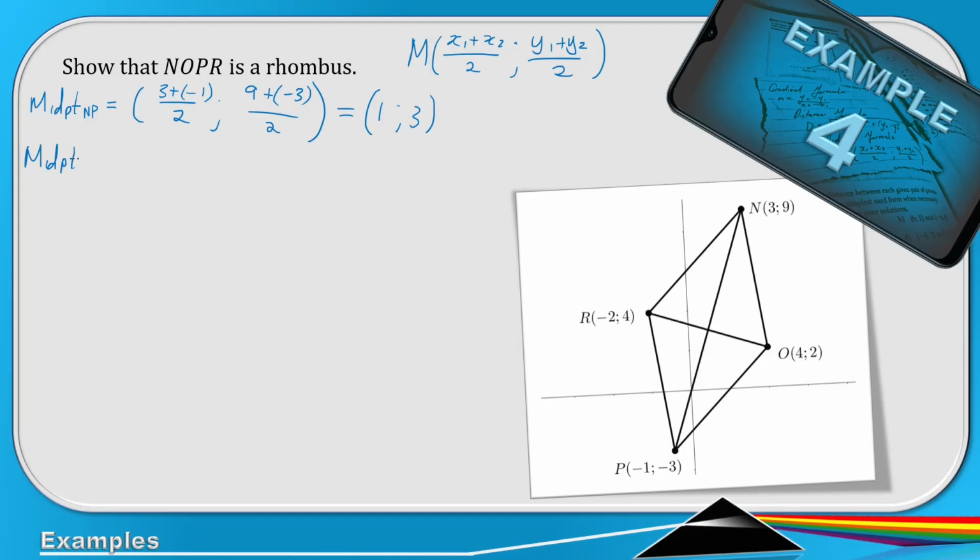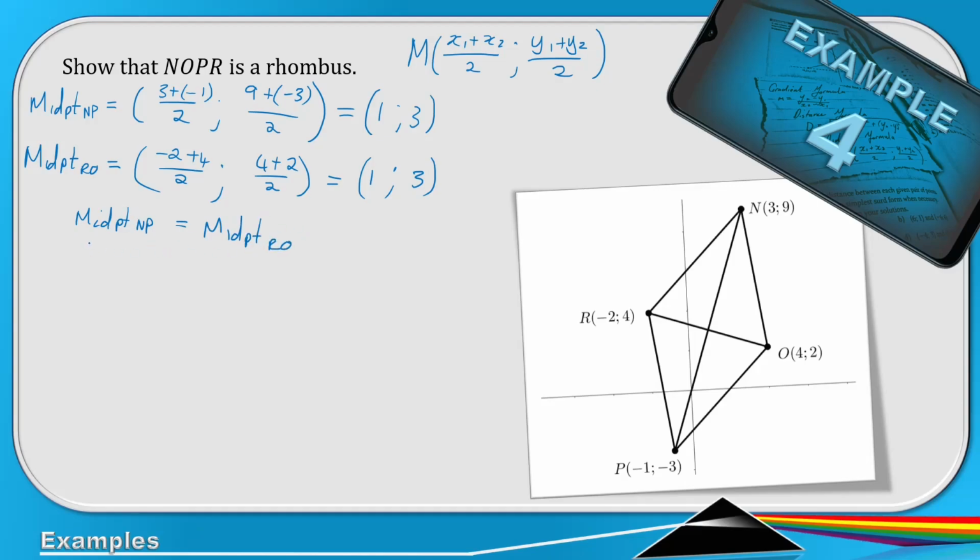And then midpoint of RO is equal to the x value is minus 2 plus 4 over 2, and the y value is 4 plus 2 over 2. Okay, so minus 2 plus 4 gives me positive 2, and 2 over 2 is 1. And then 4 plus 2 is 6, over 2 is 3. Okay, so here we've seen that the midpoint of NP is equal to the midpoint of RO.